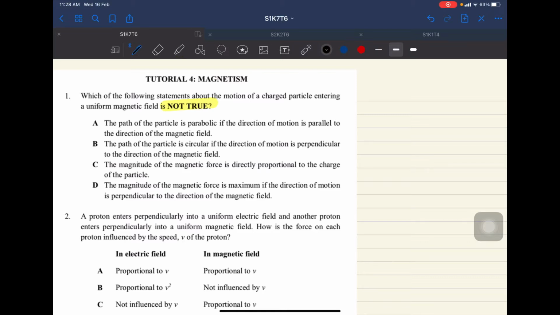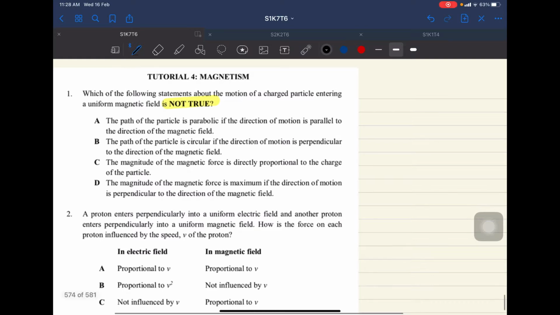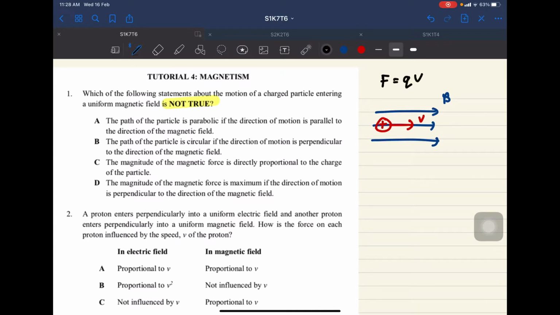So it says that the direction is parallel to the magnetic field, maybe the same direction. Let's say the magnetic field is in this direction, and you have a particle, maybe a positive charge, moving to the right. This is your V and this is your B. The force is equal to QVB sine theta, right?